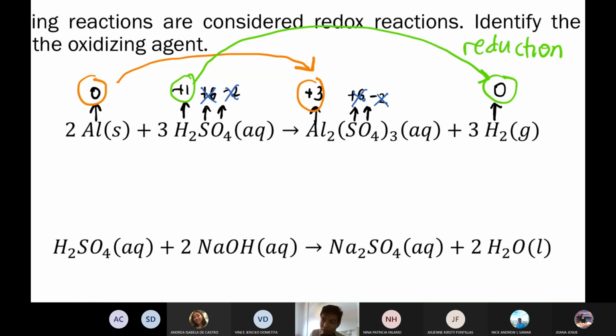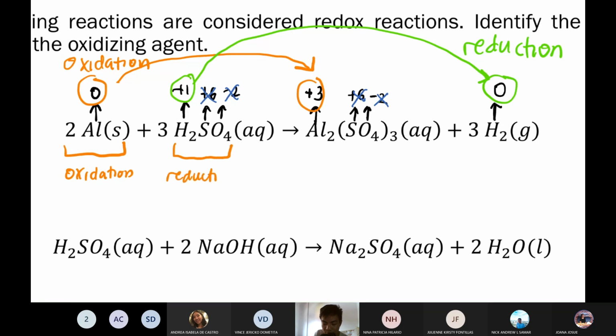And aluminum, the orange one, is oxidation. Okay? Kasi tumaas yung number niya from 0 naging positive 3. So, increase in oxidation number. So, all in all, aluminum is oxidized, no? It underwent oxidation reaction, and this underwent reduction reaction. Okay? Yung buong compound yung nag-undergo ng reduction.